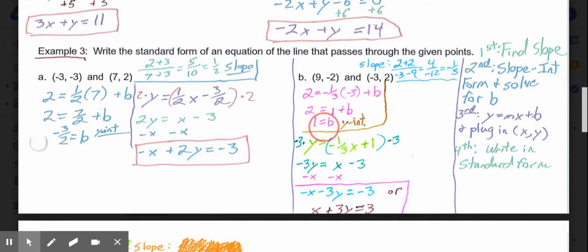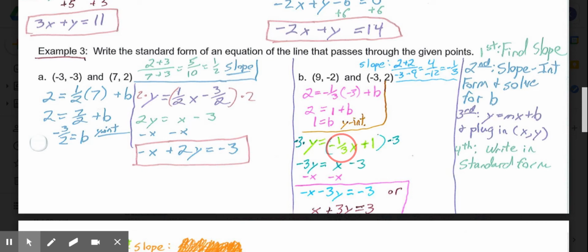So now I have b, and I have my slope. So I can write my equation in slope-intercept form. y equals -1/3 x plus 1. Now I need to undo my fraction by multiplying both sides by the denominator. So in this case, I'm multiplying both sides by -3.